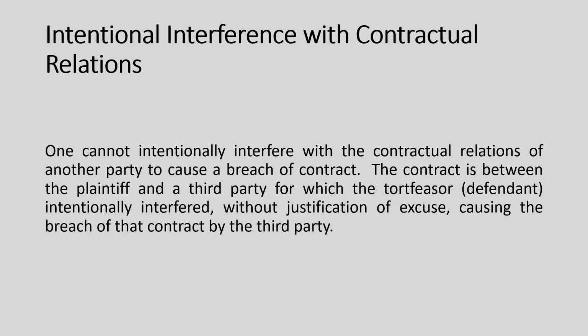And there's an interference based on some representation that Clyde or Clara have made that would induce Bob to try to get out of or be excused from performance of that contract. Well, in some instances where that interference is intentional and it's designed to cause the breach of contract, then there's going to be a claim for interference with contractual relations.